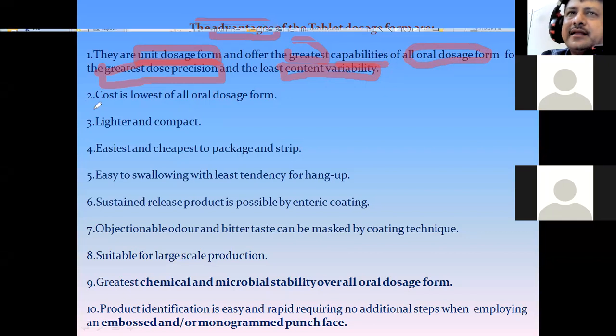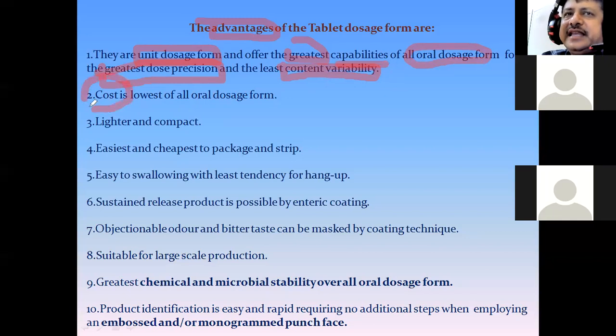Secondly, the cost. As Indians, and not only Indians but people all over the globe, are the same, cost is the major concern when it comes to health. So the cost is the lowest of all the dosage forms.